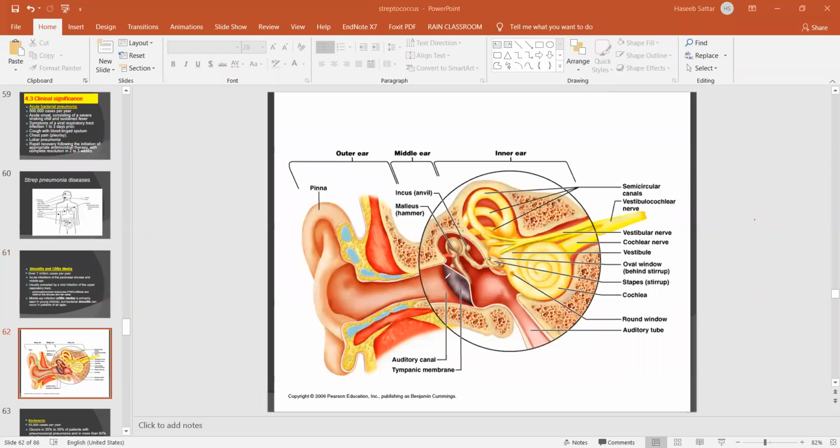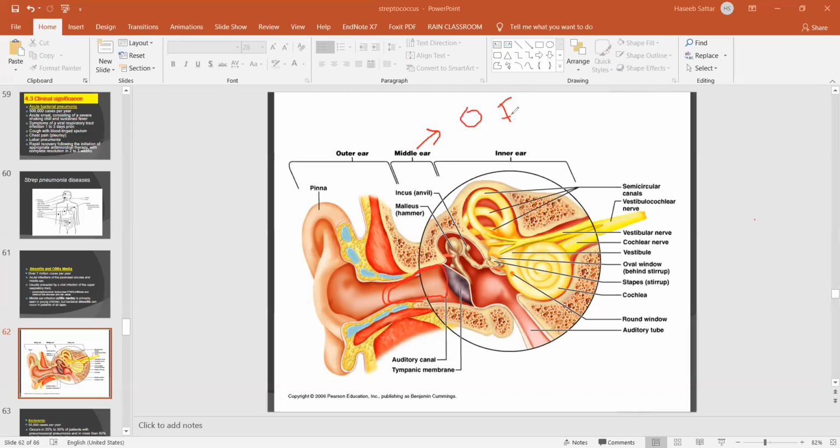Otitis externa means the infection occurs in the outer canal of the ear, the auditory canal, the outer ear, not the inner ear, beyond the eardrum or tympanic membrane. But if the infection occurs in the middle ear, where we have the tympanic membrane and the incus and malleus, the middle ear infection is known as otitis interna.